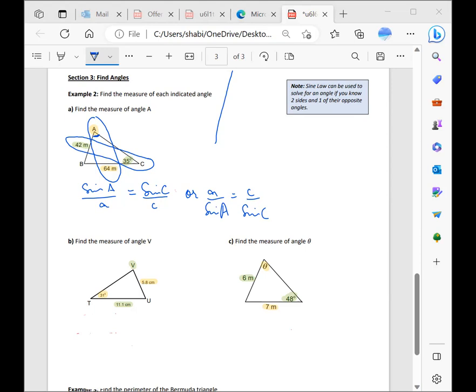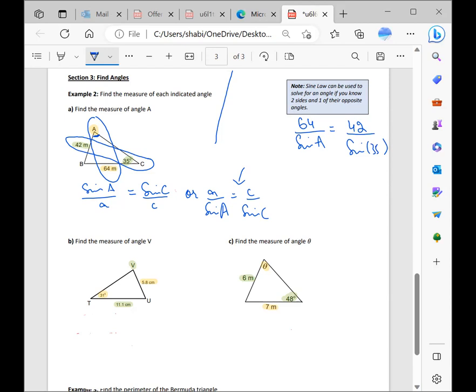Now I'm going to put in the values because I'm going to use A and C. So it will be 64 is my side at A, and sine capital A is my angle which I have to find. And 42 is the side of C, and sine 35 is the angle.